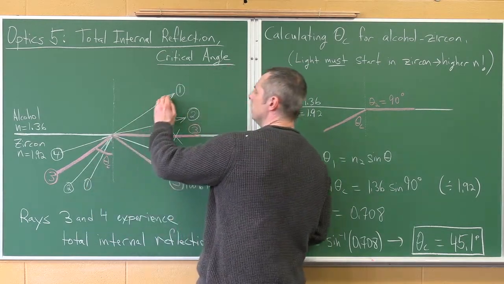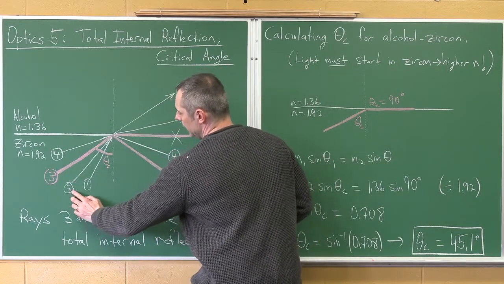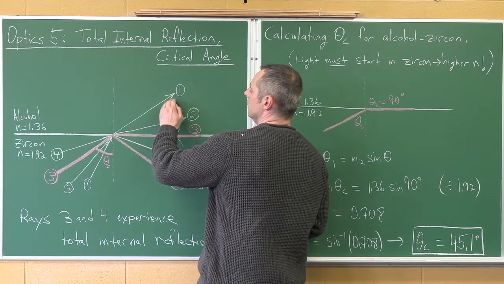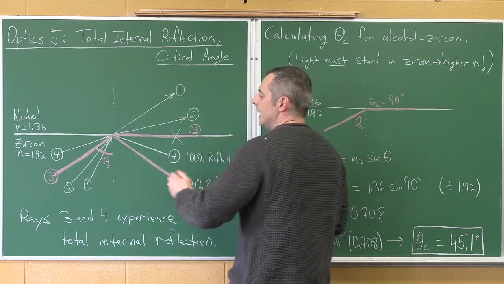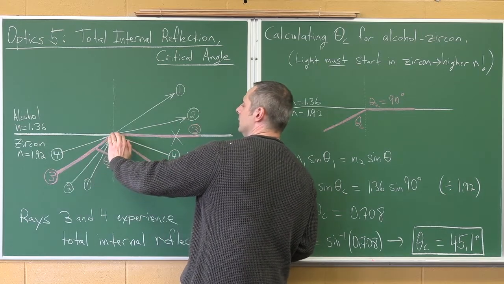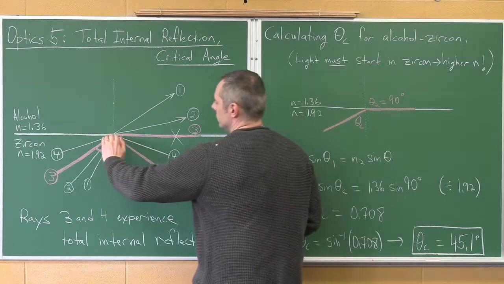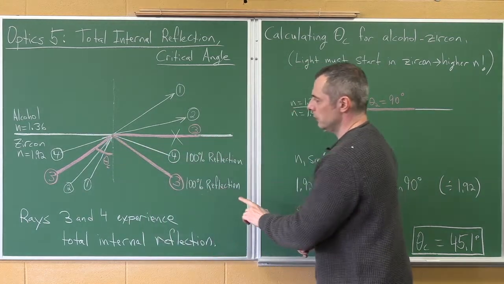It comes in, bends away from the normal, and then when I increase this angle to another second angle, this ray up here got closer to the surface. And if I keep increasing, eventually I get to this critical point where the light would refract along the surface, but it doesn't. Instead, it reflects and we get 100% reflection.